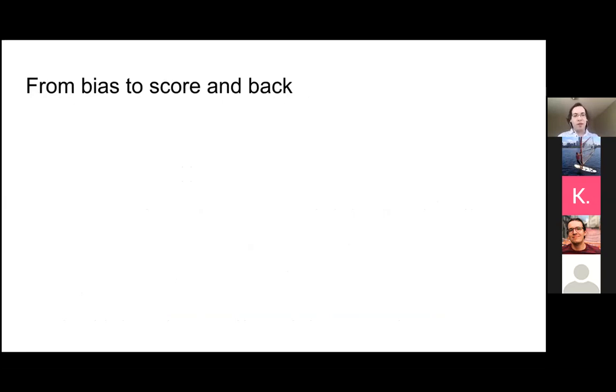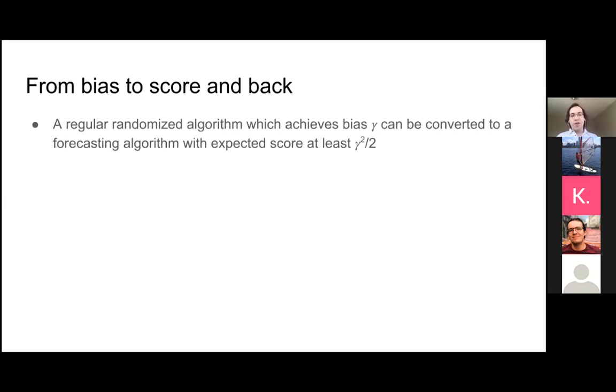Another property of these scoring rules is that you can convert between scores and biases and vice versa. So if you have an algorithm that you know achieves bias gamma, you can convert it to a forecasting algorithm with expected score at least gamma squared over 2. And you can do this just by running your algorithm.